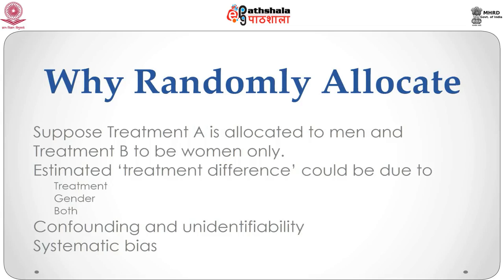If we look at the estimated treatment difference, which is the difference in the mean outcome between the two groups on A and on B, this treatment difference could arguably be either the effect of treatment or the effect of gender or some combination of the effect of both.